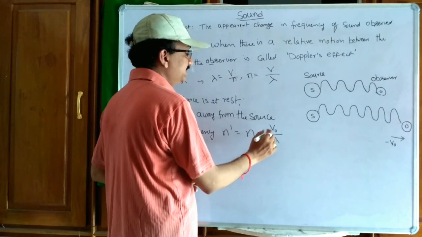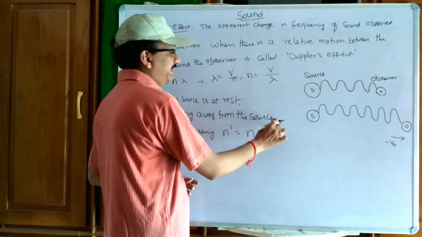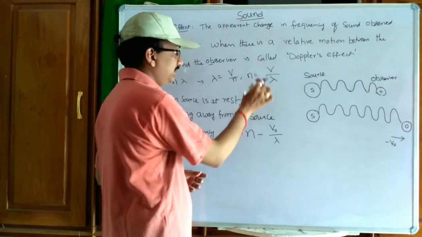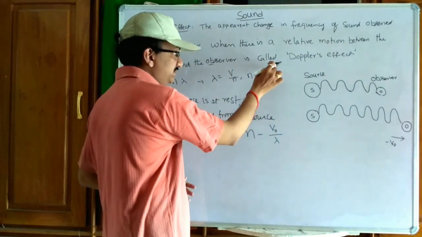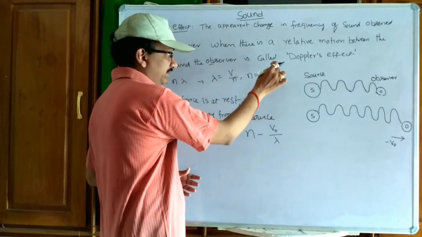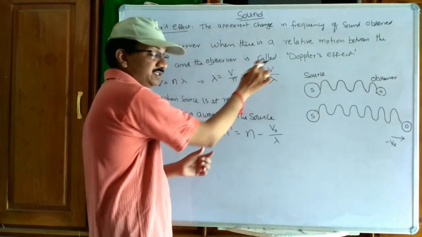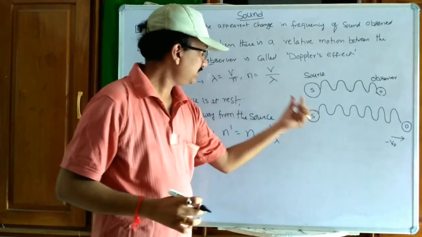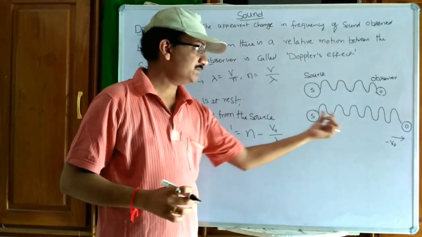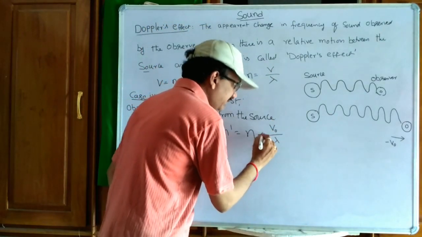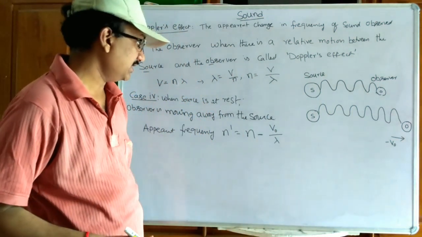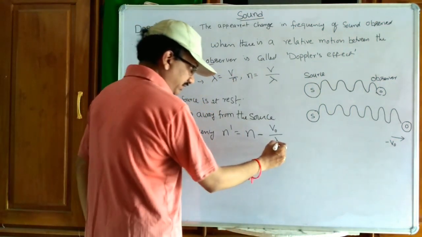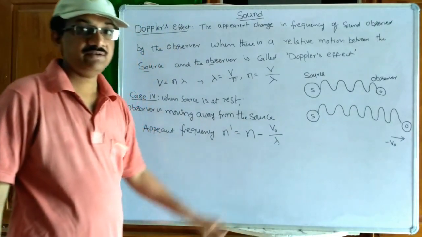That is n minus V naught by lambda here. He was missing some waves, that means V by lambda. V means velocity of sound in air, but here V naught means observer. This minus is because of the right hand side motion of the observer. Here also there is no change in wavelength.